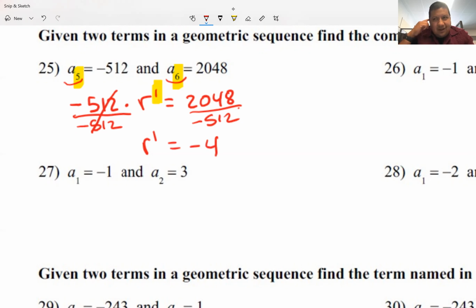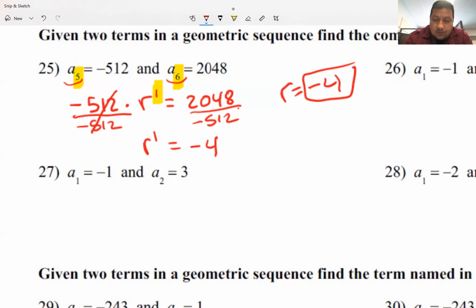R to the 1 is basically R, so I have that R is equal to negative 4. My ratio is negative 4. For my answer, I don't have to type R equals, just negative 4. The ratio is negative 4.